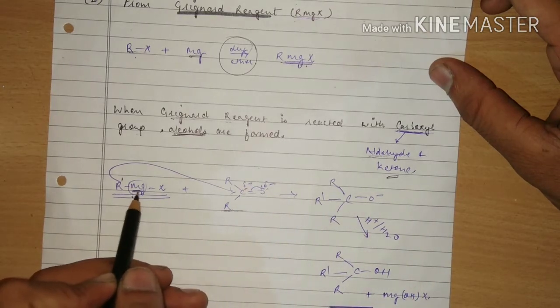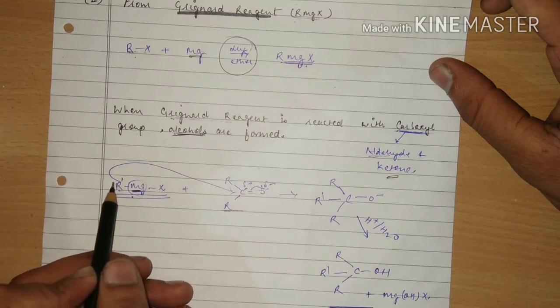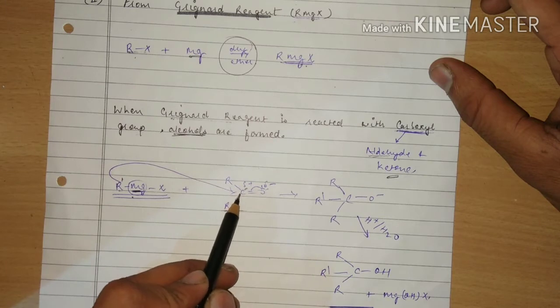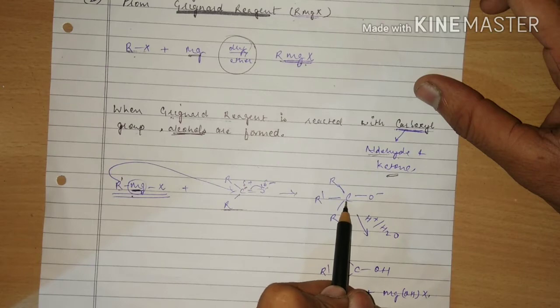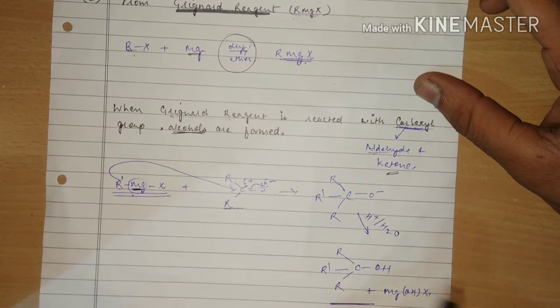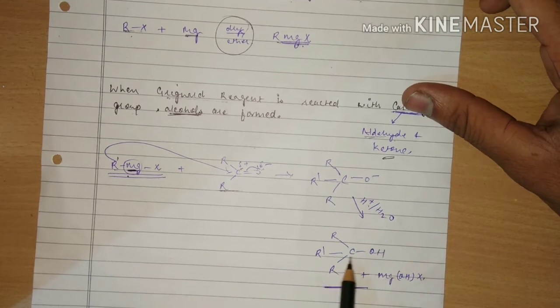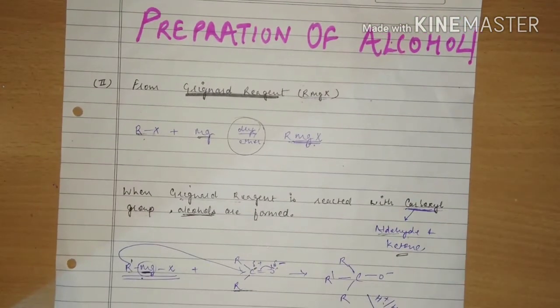Because of the presence of the metal, this R gets a partial negative charge, so it will attack this C, which is partially positive, and we will get R3C-O minus. Now when we react this with H plus in the presence of H2O, we get R3C-OH plus Mg(OH)X.